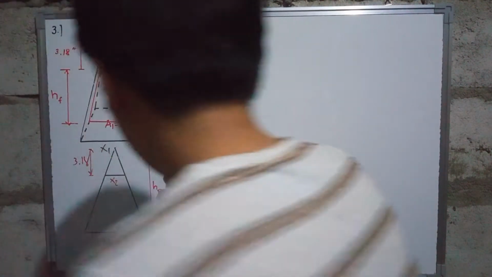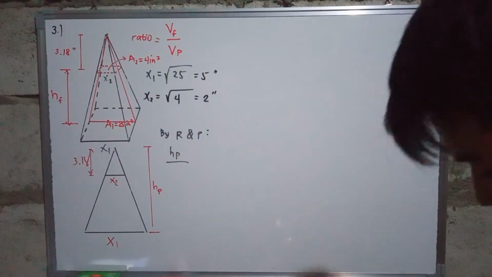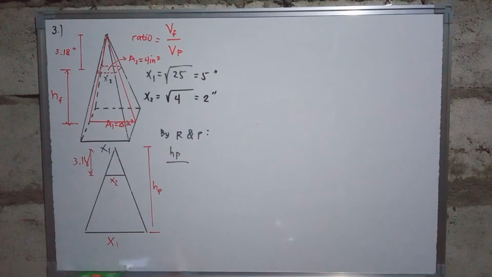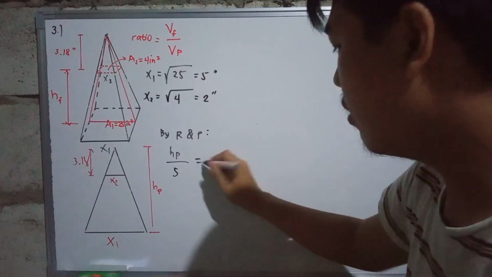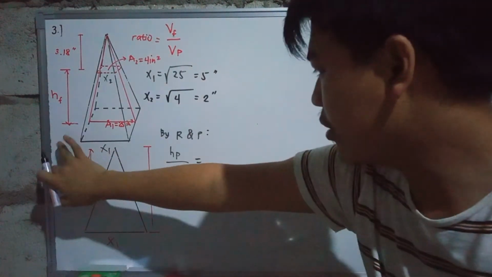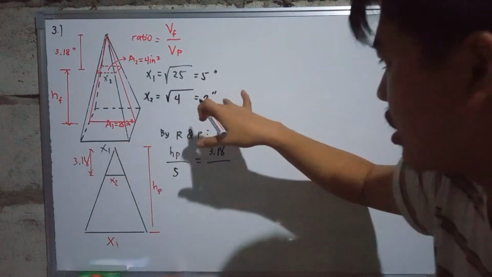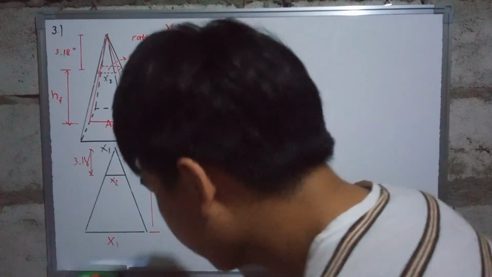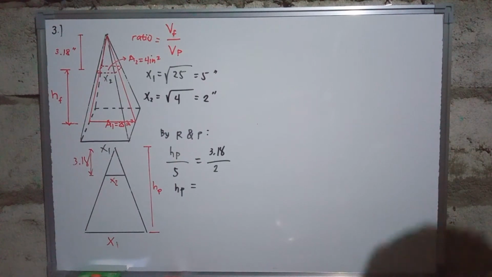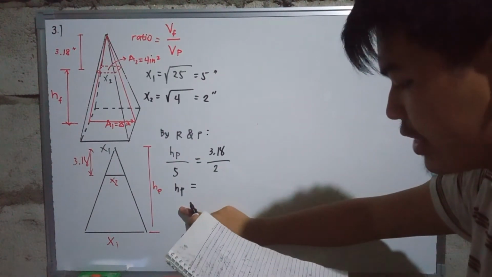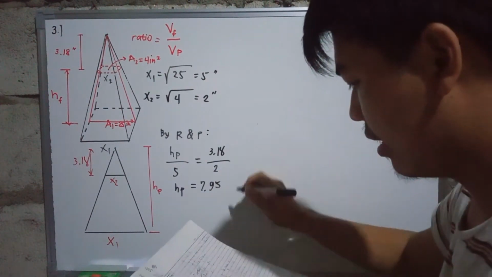So, let's say, yung h sub p, or the height of the pyramid, all over x sub 1, wherein x sub 1 is equals to 5, equals yung 3.18 natin all over x sub 2, which is equal to 2 inches. So the value of our h sub p is now equal to 7.95 inches.